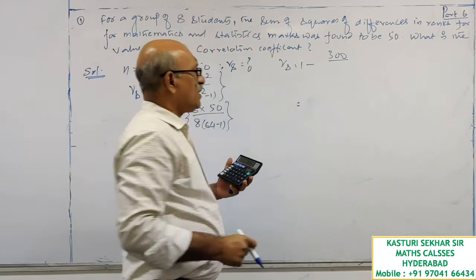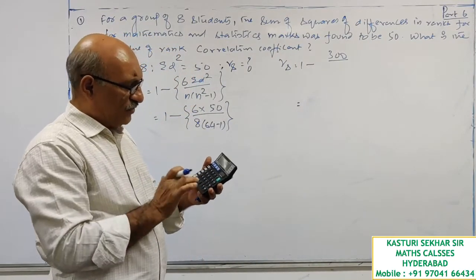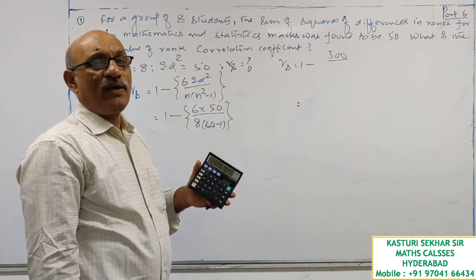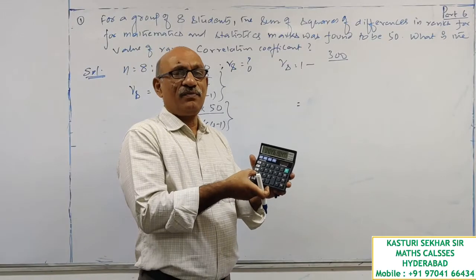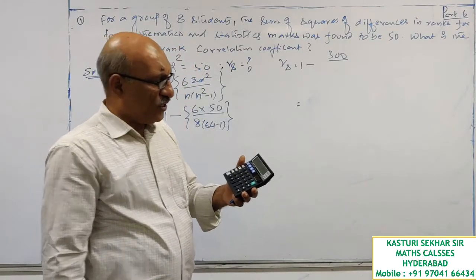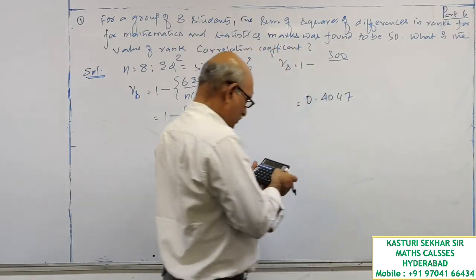And now I have to subtract this value from 1. So minus 1 is equal to, you will get a negative value on the screen. You can eliminate the negative sign by pressing plus minus button. So this is 0.4047.